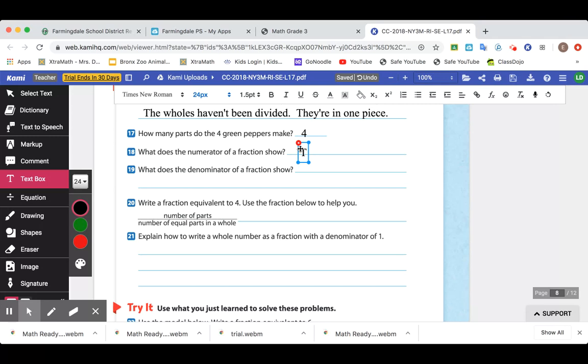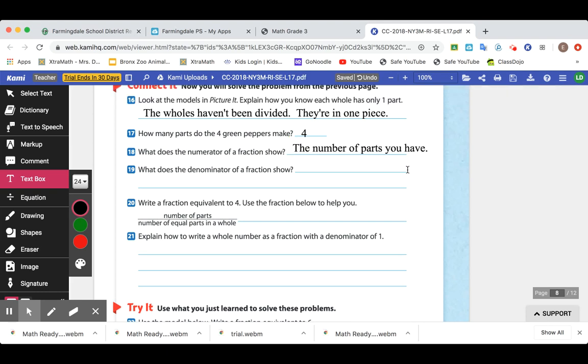Sometimes it's the shaded part you're talking about, sometimes it's the not shaded part. Could be the part you ate or you didn't eat, whatever the case may be. But really that numerator is the part you're talking about, the part you have perhaps.